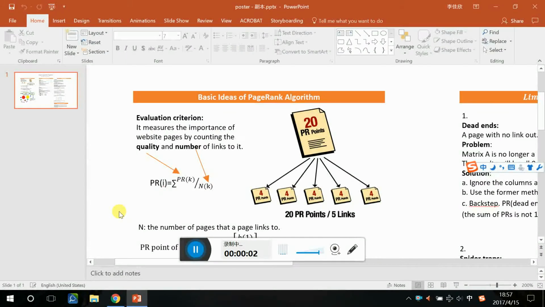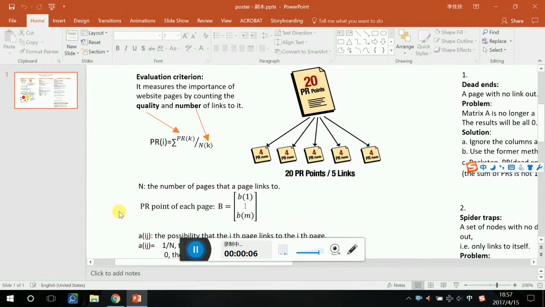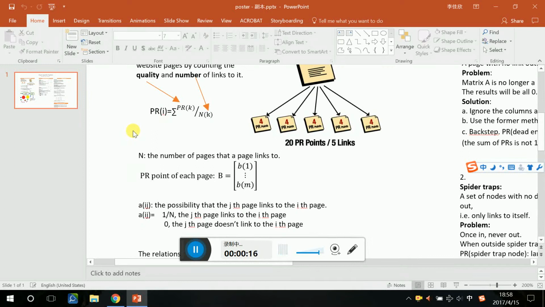Let me introduce its basic ideas on how we evaluate the importance of a page. In PageRank, it is measured in PageRank points. How do we calculate it?